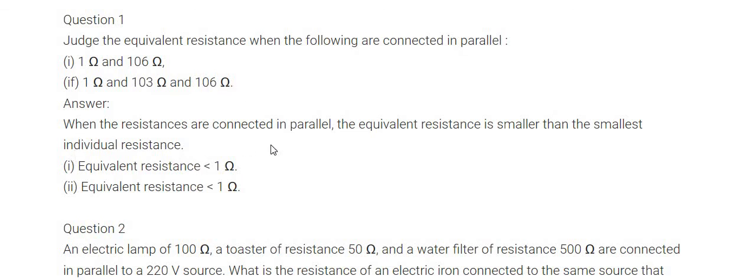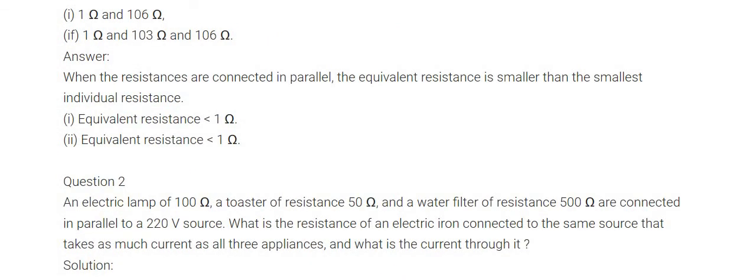As we know, when resistances are connected in parallel, the equivalent resistance is smaller than the smallest individual resistance. Here the smallest resistance is 1 ohm. So the equivalent resistance is less than 1 ohm. In the second case as well, the equivalent resistance is less than 1 ohm.